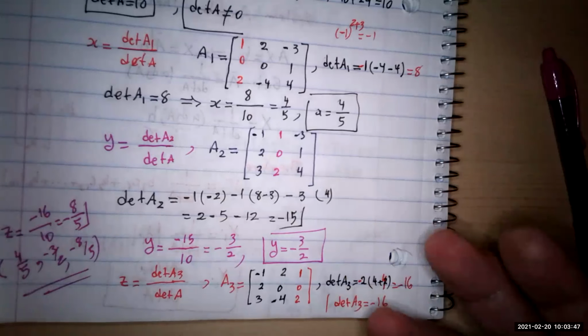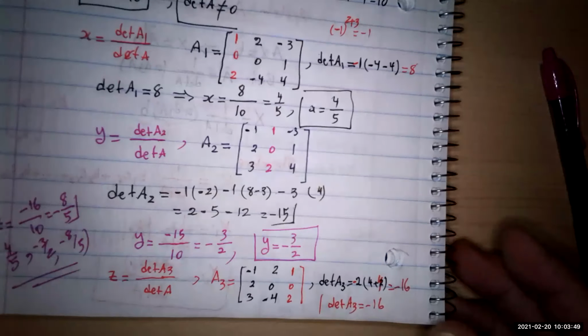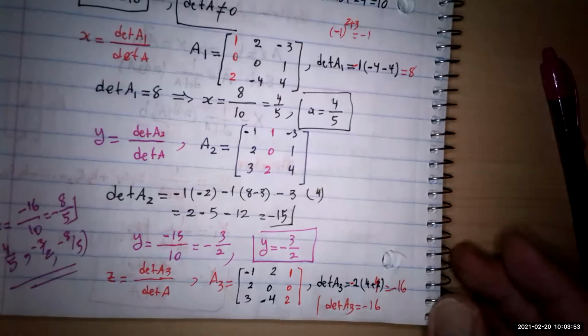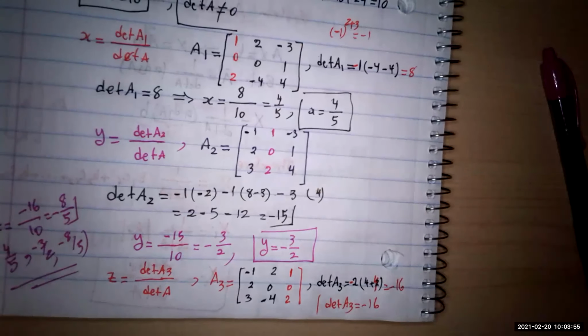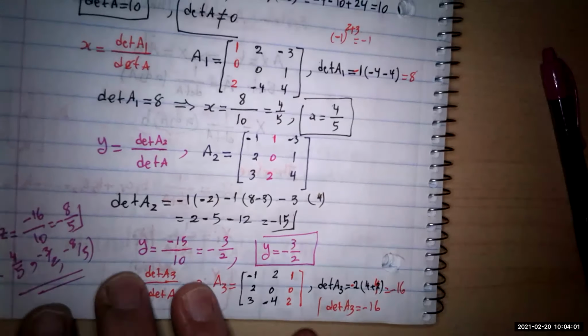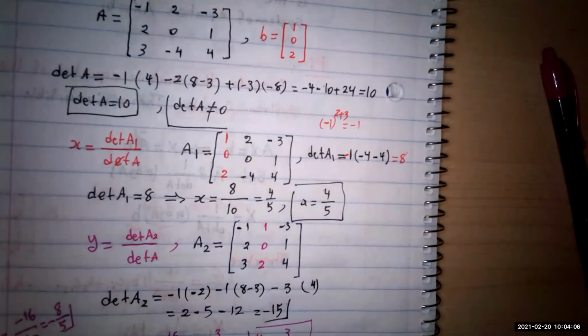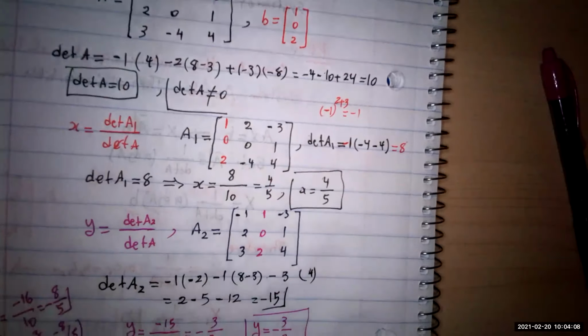So when you don't have a unique solution, there are 2 other possibilities. Which one is it? Is it infinitely many solutions, or is it inconsistent? So what you have to do is continue getting the determinants of A1, A2 and A3.